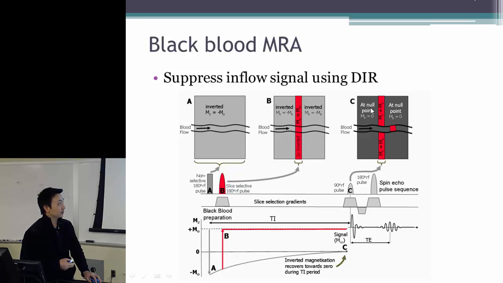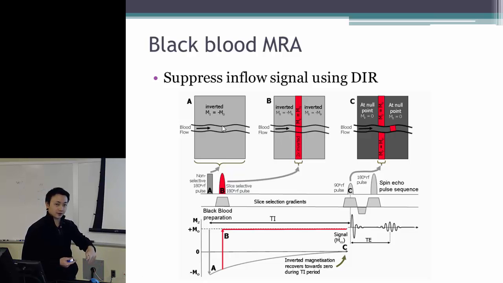It uses a double inversion recovery RF pulse to suppress the blood. It also features the TOF effect. So the idea is that first we apply a non-selective inversion recovery pulse. This non-selective inversion recovery pulse inverts everything, right?